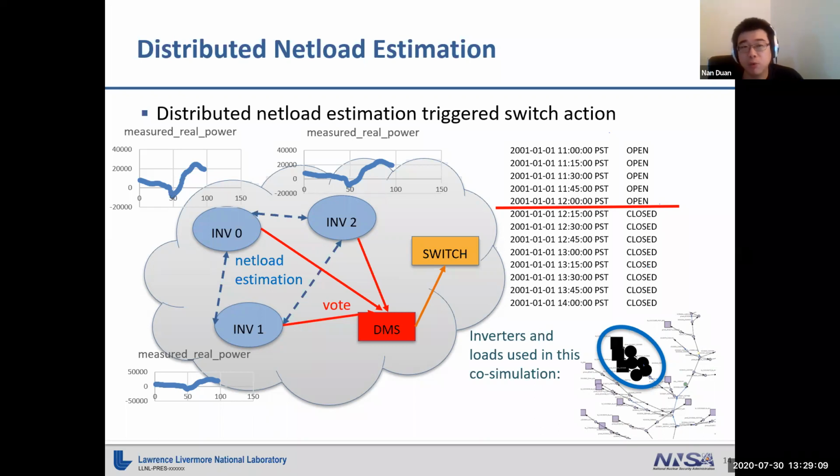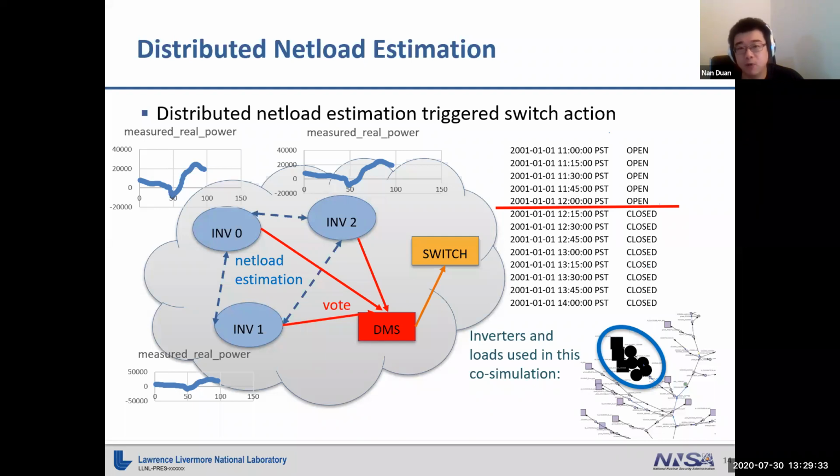And those inverters will just talk to their neighbors in a randomly triggered fashion to figure out whether their net load is less than 0. That means they have sufficient generation. And of course, this net load estimation process can also be triggered by a predefined cadence.